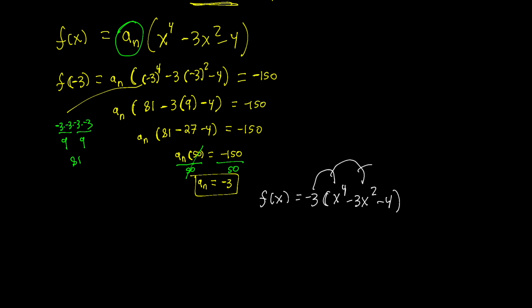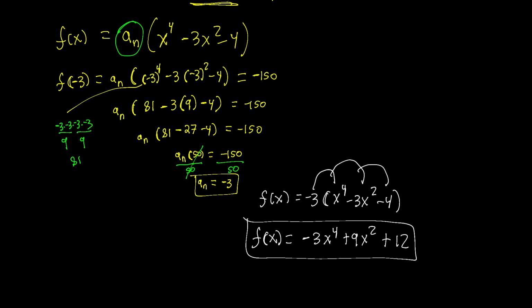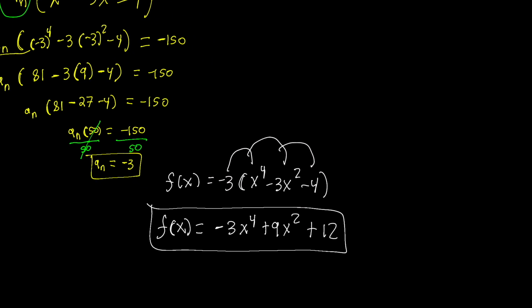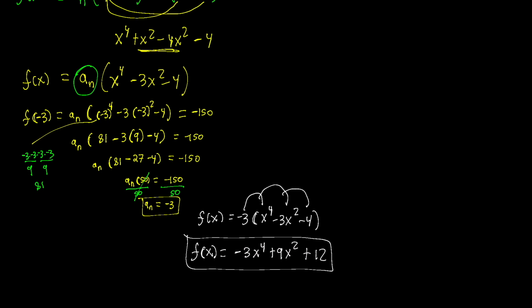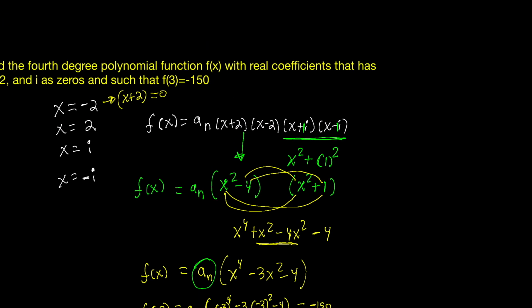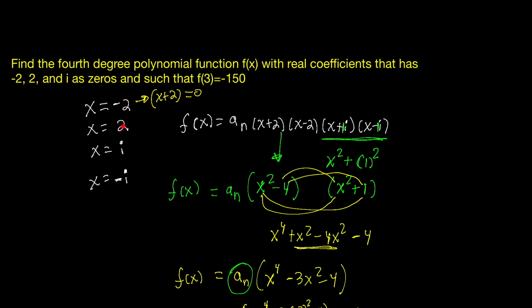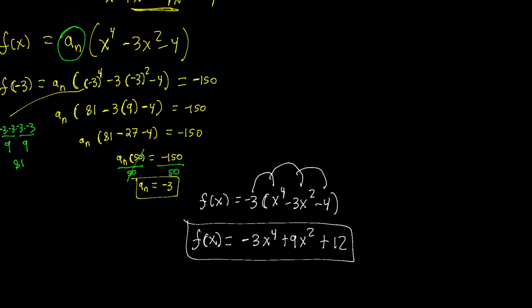I'm going to distribute that negative 3 to get my final result. My function is negative 3x to the 4th plus 9x squared plus 12, since negative times negative is positive, and then at the end, negative times negative is positive. And this is the function that satisfies all of my zeros, which are negative 2, positive 2, i, and negative i.